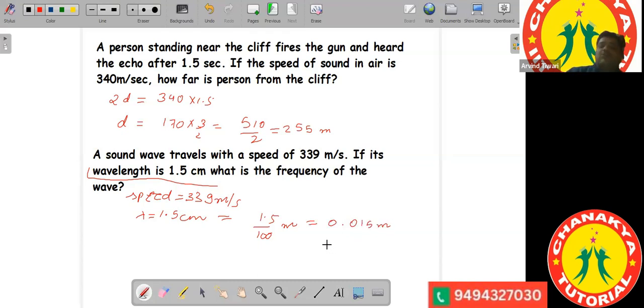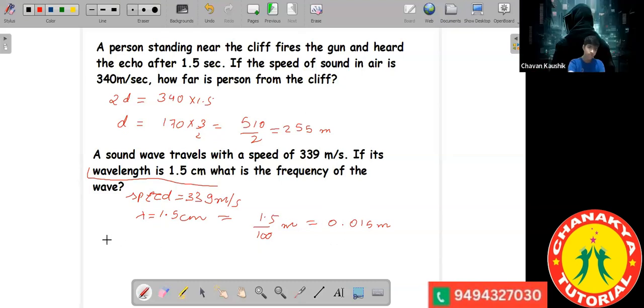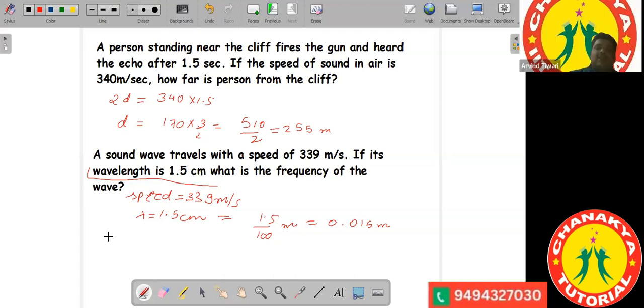Okay, so how do we calculate the frequency? Which formula is used? Speed by wavelength will be equal to frequency. We can use the formula speed equals f lambda. You have 339 divided by 0.015 equal to frequency. Removing all the decimals from the denominator, you get 10 to the power 3.